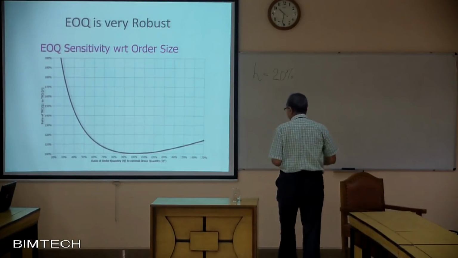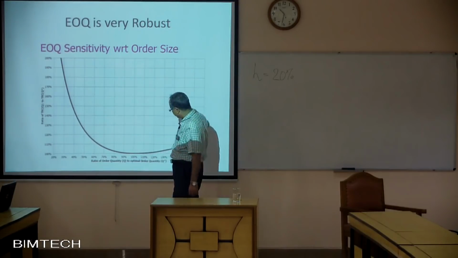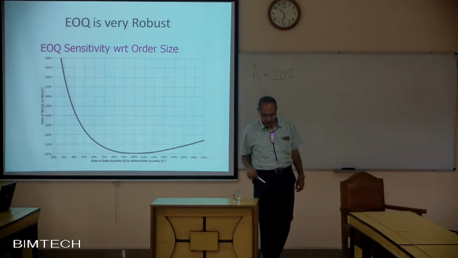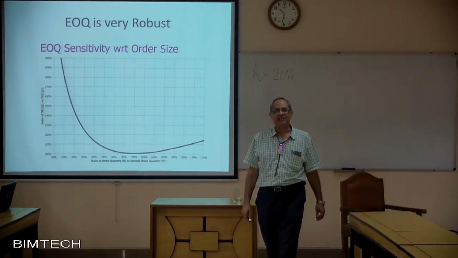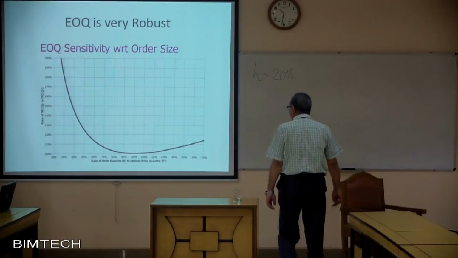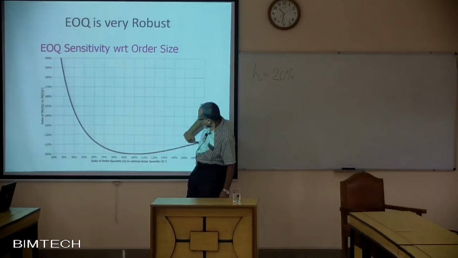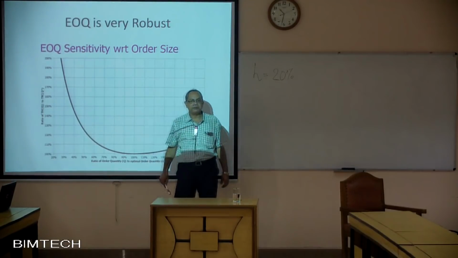What do we mean by robust? So let's understand what we mean by robust. Here is a graph of the total cost curve that we had seen in the previous slide. And what is interesting is the flat bottom of this curve.